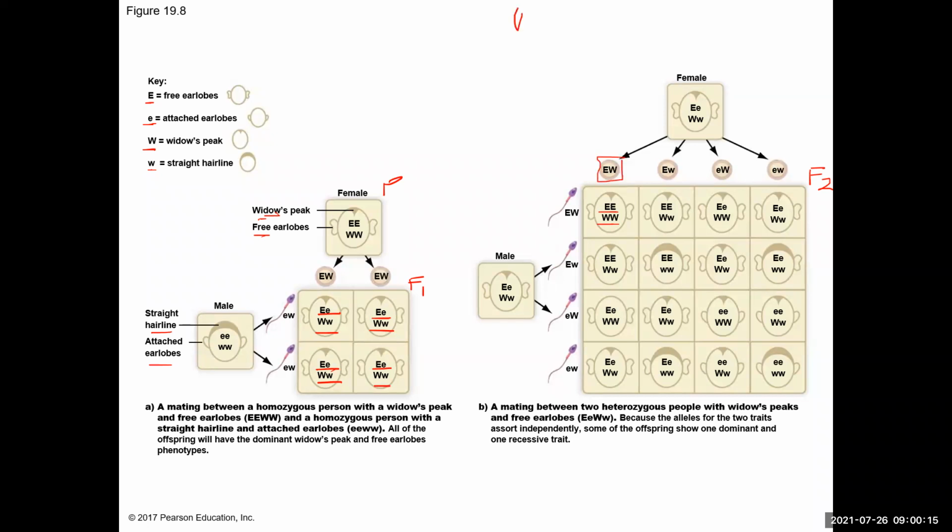So for example, if the individual has this genotype, it can give an uppercase E or a lowercase e. If it has this genotype for widow's peak, it can give an uppercase W or a lowercase w, okay? And so what you can do is use what's called the FOIL method.